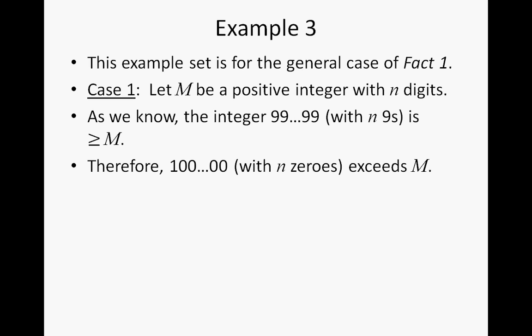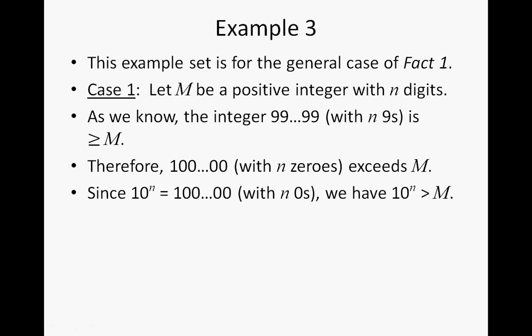Therefore, a number with 1 and however many zeros, if it's the same number of zeros, is going to exceed m. So if we use the example I just gave, 47, that's 2 digits, 99 is 2 digits, and 100 would be 2 zeros. So that still exceeds m if m was 47 in this case.